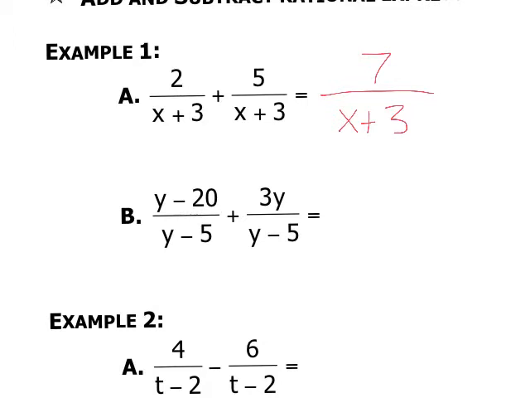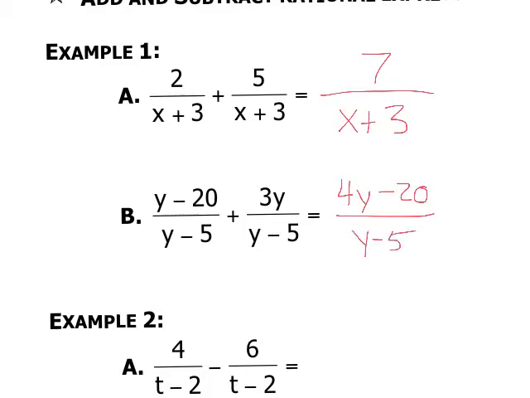So here, what can I combine together? Y and 3y. So y plus 3y is 4y. What about that minus 20? Stays minus 20, right? What's the denominator? Y minus 5 stays.